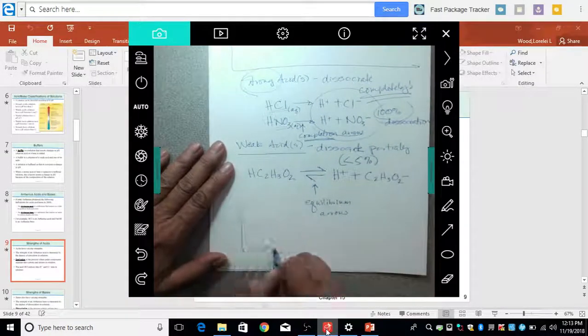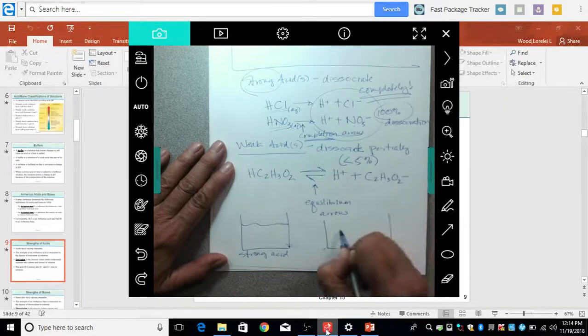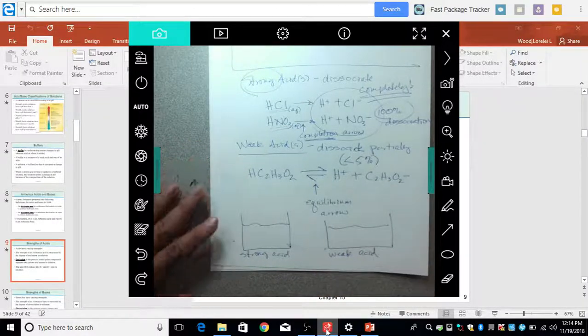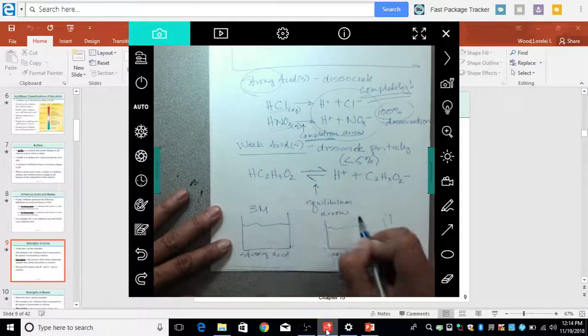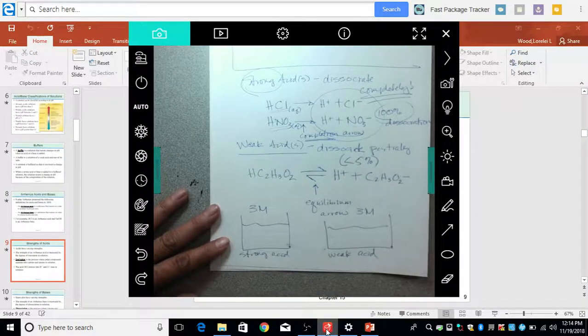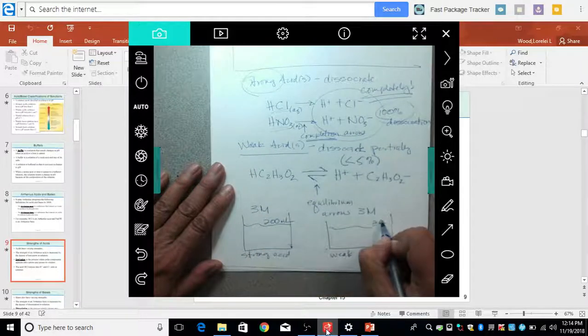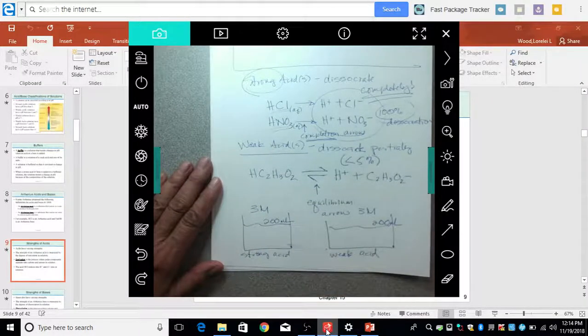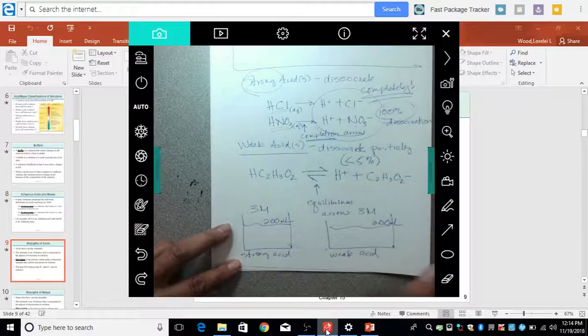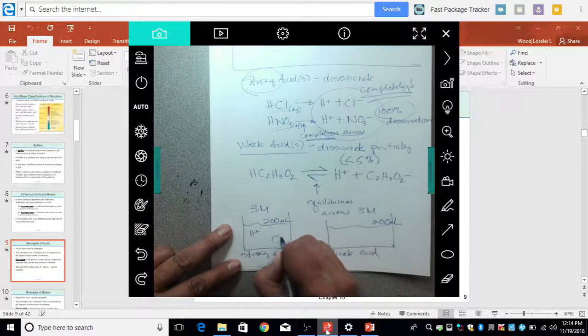So in a strong acid versus a weak acid solution, we could have 3 molar, right? Be the same concentration. Say we had 200 mils, same volume, right? Same concentration, same volume. In a strong acid, we're only going to have these things in there.